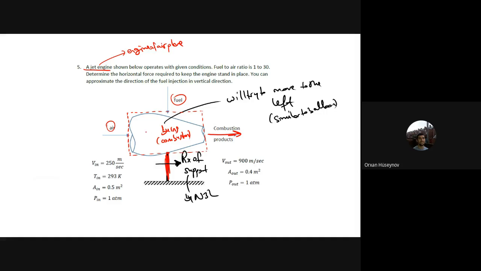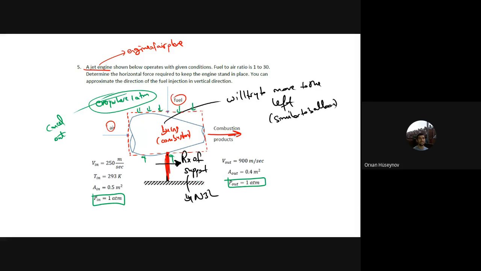Okay, and for this control volume, everywhere I have 1 atm. At inlet it is also 1 atm, at outlet it is also 1 atm, and from all sides it is also 1 atm, and it is also 1 atm here. Therefore, no need to consider atmospheric pressure. Therefore, cancel out.